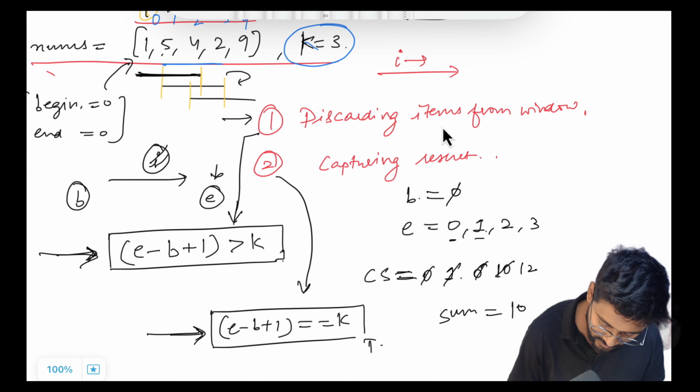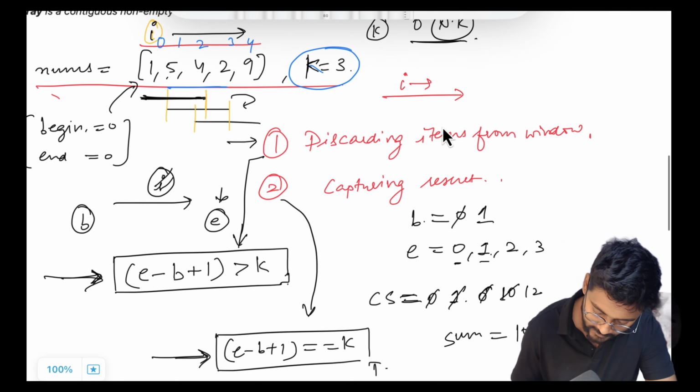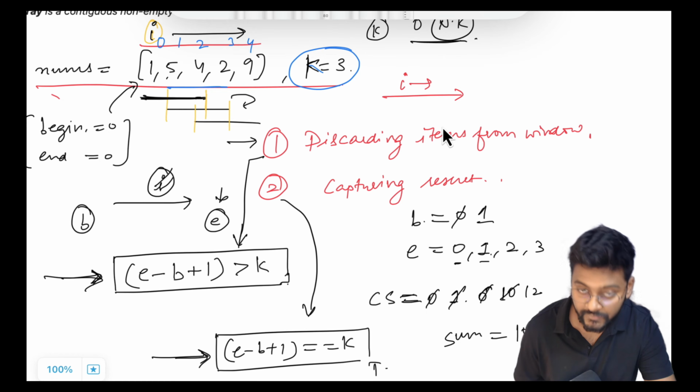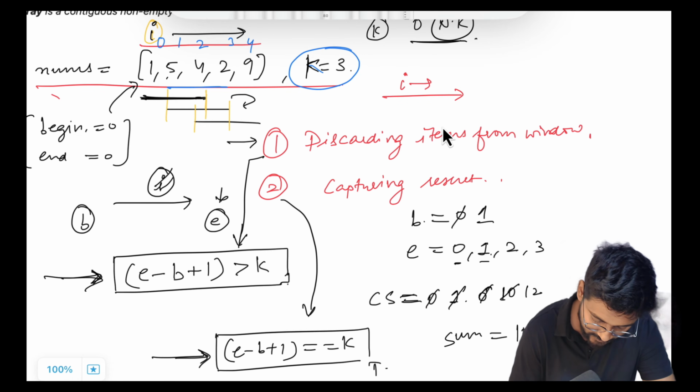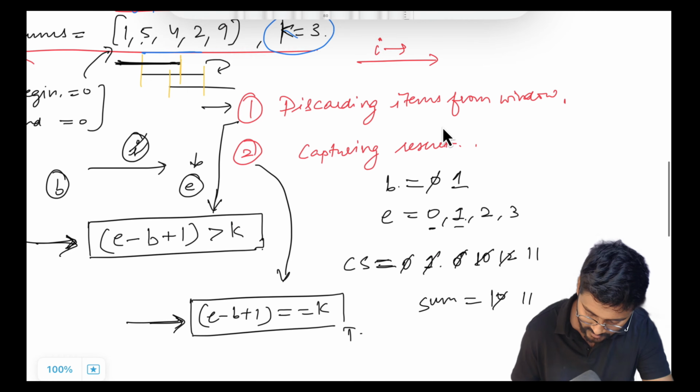Begin pointer will go to 1, and along with the beginning pointer, I will decrement the value of this element from my current sum. First element was 1, so current sum will become equal to 11. Now at the time of capturing, the current window size is 3. I will capture the current sum, which is 11.